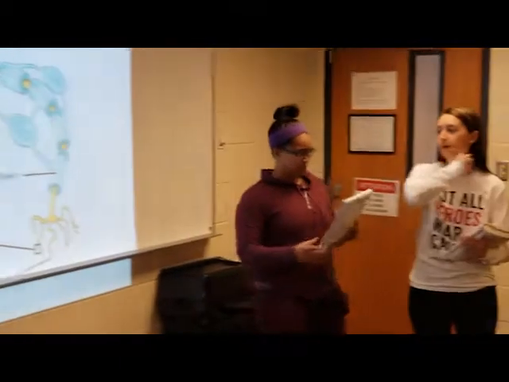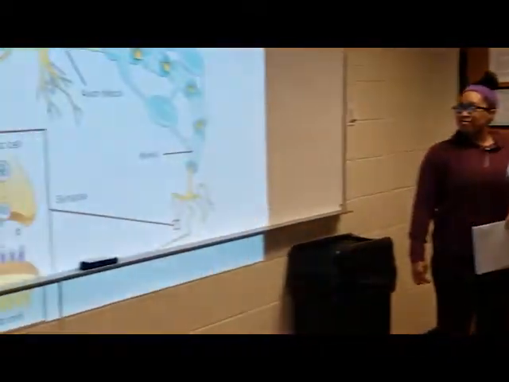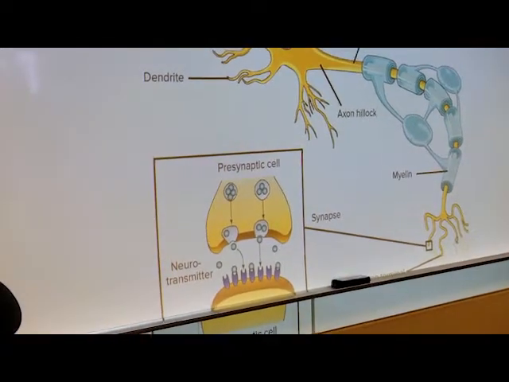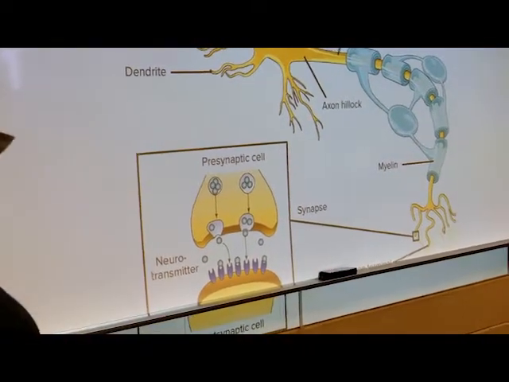Okay, and then for our visual, we thought back onto what we did earlier, looking at this picture because it was talking about the dendrites and the axon and the axon terminal.